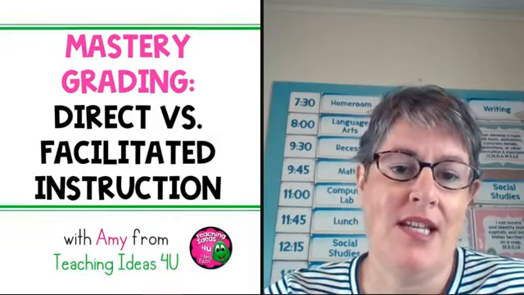And so far what we've learned about Mastery Grading is that it focuses on the student's mastery of standards. The layout of Mastery Grading is that you organize your lessons in a way that you have a feedback loop: instruction, practice, feedback, instruction, practice, feedback.